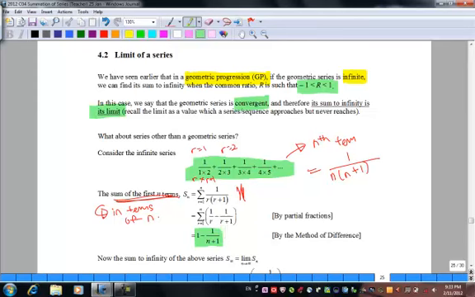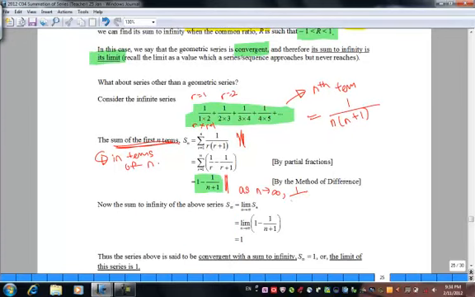Now what happens if my n tends to infinity, so that I end up summing an infinite number of terms? You recall from the previous section, how do I take a limit of something like this? As n tends to infinity, then 1 over n plus 1 must tend to 0. So this means that Sn must tend to 1.